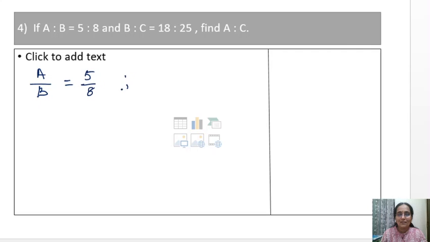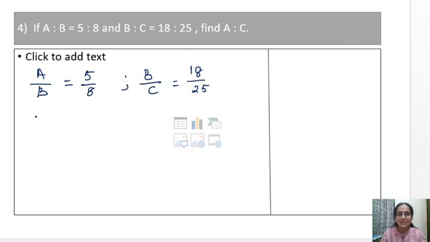Now B is to C, I'll write in terms of fraction, but the C term should be the denominator. In the fractional form, you should be a little bit more careful. The corresponding C term here, it is 25, it should be the denominator.